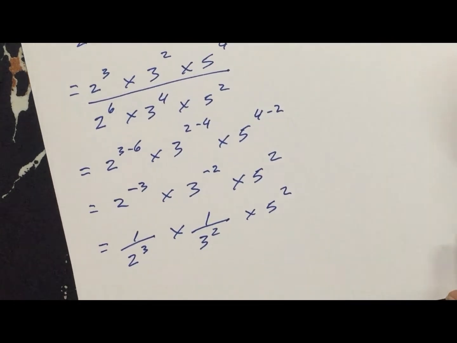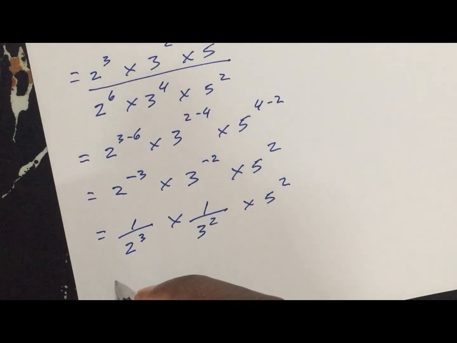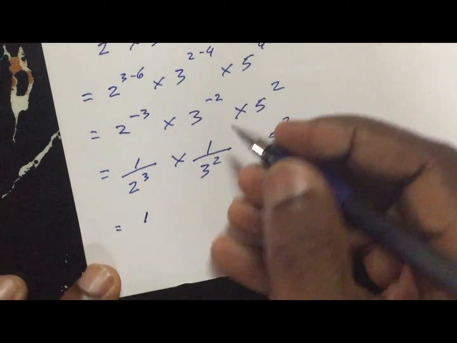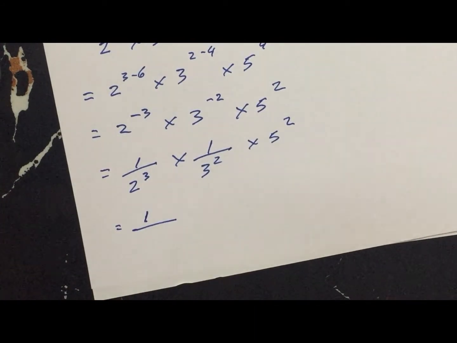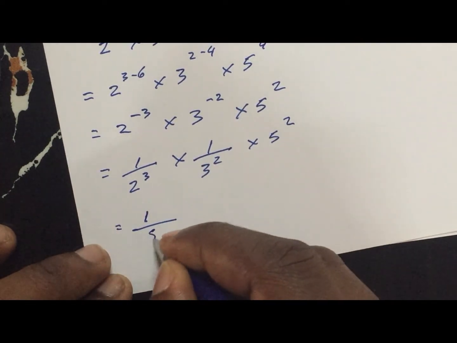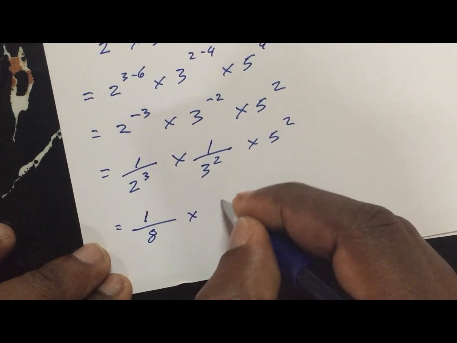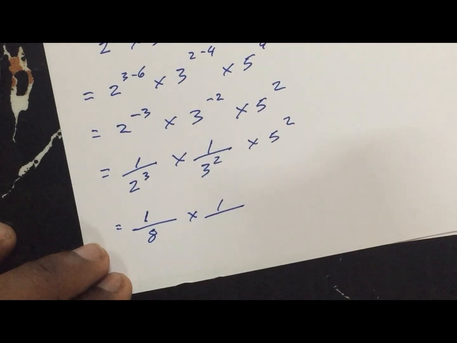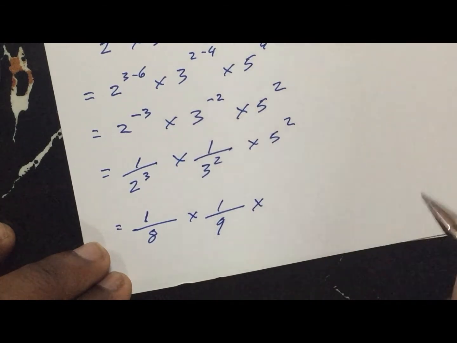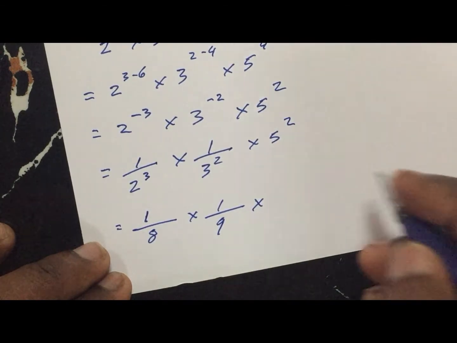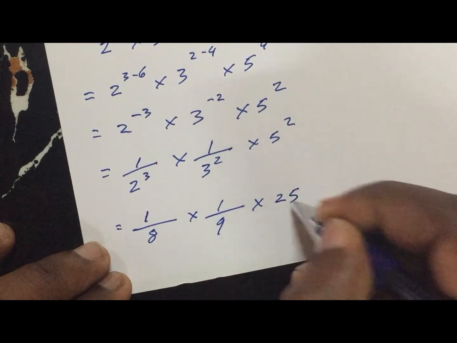Then now we can further break this down, simplify it. We will have 1 over 2 cubed. We have 2 2's 4, 4 2's 8, 3 squared gives us 3 3's 9, times 5 squared gives us 5 5's 25.